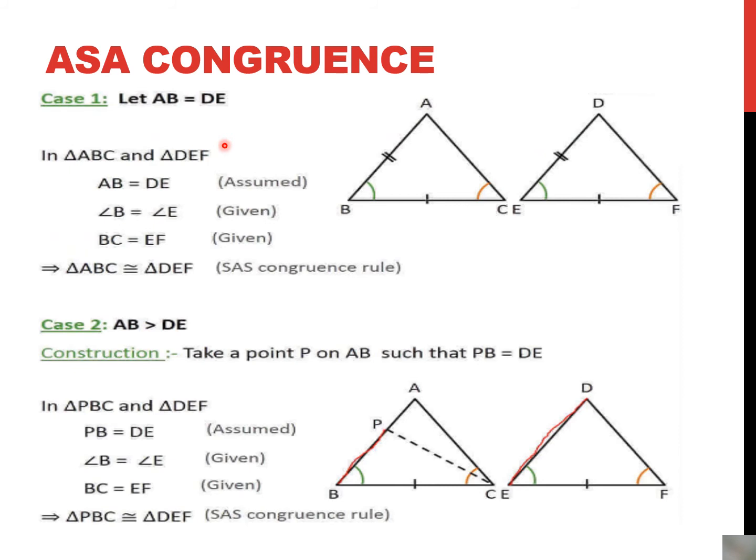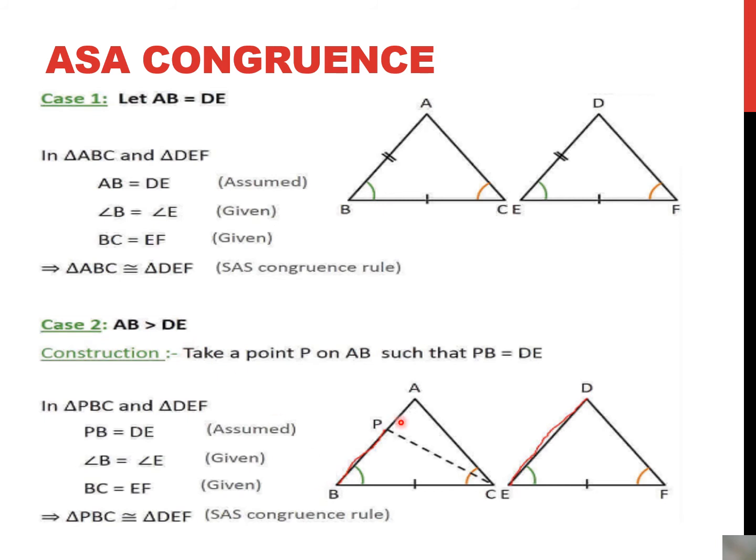Case 1, when AB is equal to DE, right? If you are given AB is equal to DE, you can easily see that EF is equal to BC and AB is equal to DE. And then there is one angle which is already given to you equal. So according to SAS congruency, they are congruent. Then we are taking another case where AB is greater than DE.